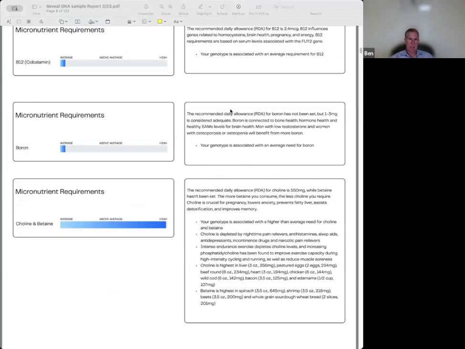For example, antacids, antibiotics, proton pump inhibitors, so anything that's preventing hydrochloric acid production and breakdown of protein, metformin, which is glucophage, any of these blood sugar medications, anticonvulsants, oral contraceptives, certain psychiatric medications. And then people with digestive disorders are very high risk, and proton pump inhibitors are a risk for B12 deficiency.